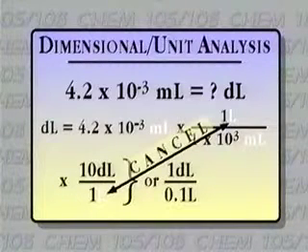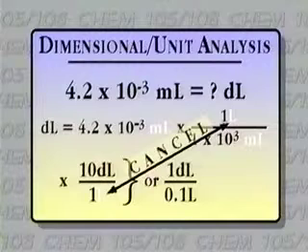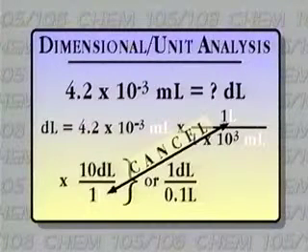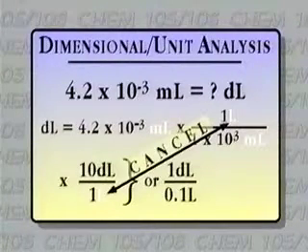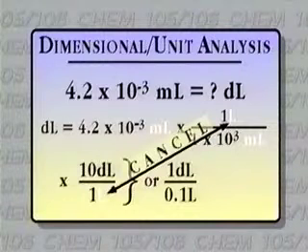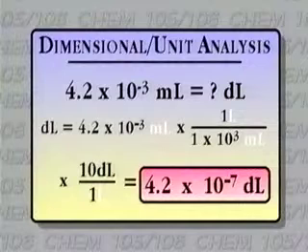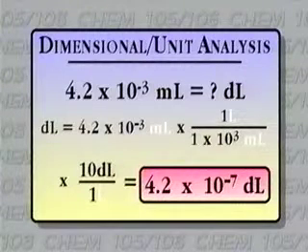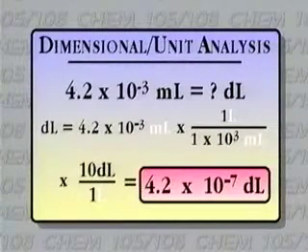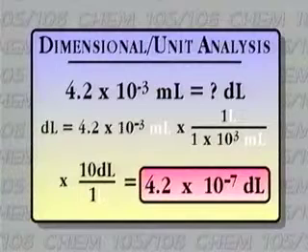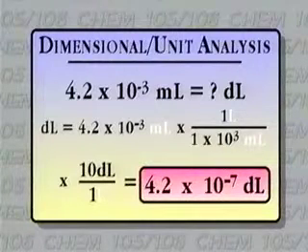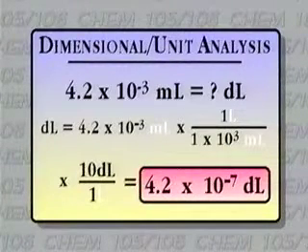All right? Now, all we have to do is the mathematics. In this particular case, we would end up with 10 to the minus 7. So 4.2 times 10 to the minus 7 deciliters would be our final answer.